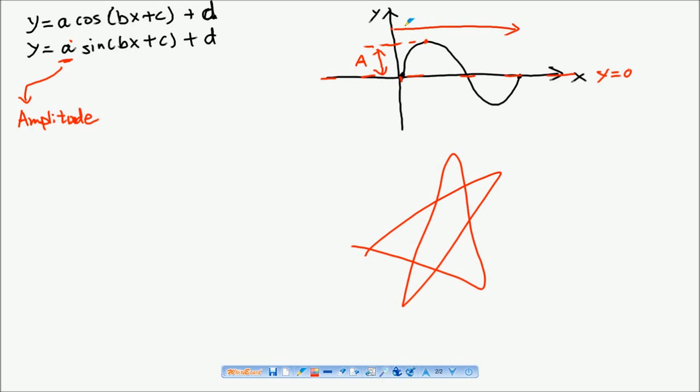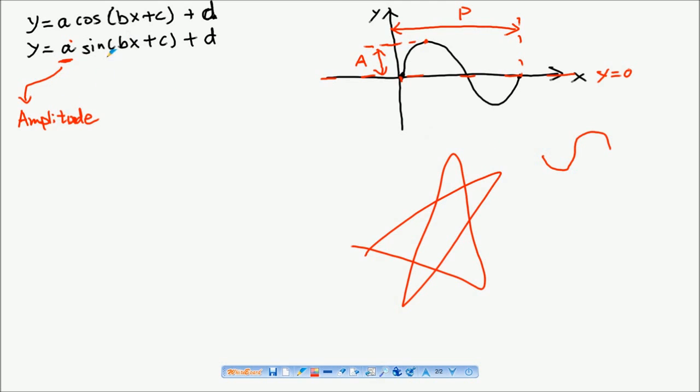Similarly, the horizontal span of one cycle we call the period. A is the amplitude. If A is a negative number, you will have a reflection on the x-axis, so the graph looks something like this.